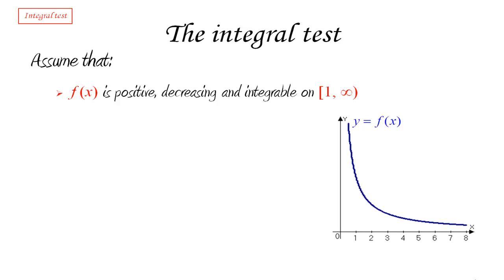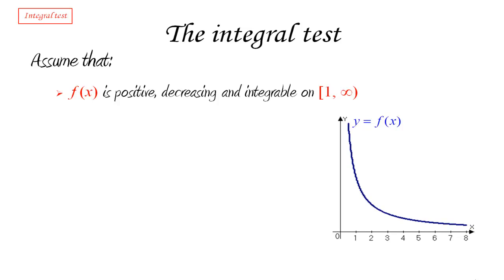Now, this limitation of 1 is a bit of a fake limitation, because by shifting everything, you can make that function start anywhere you want. So it could start at 2 or 3 or 4 or whatever. But the important thing is that we have a function that from some point on is positive, decreasing, and integrable.